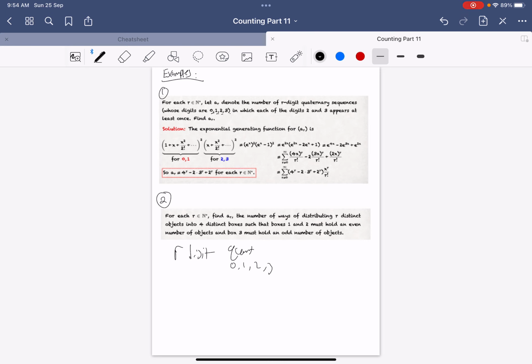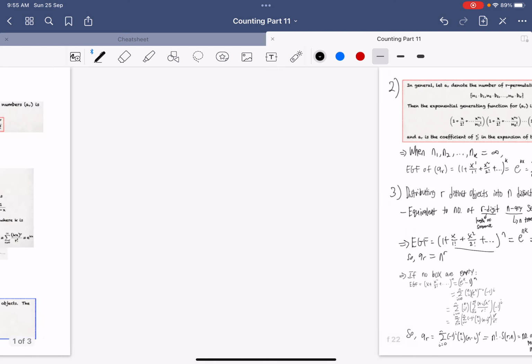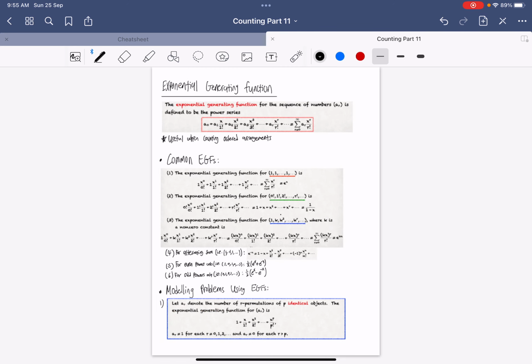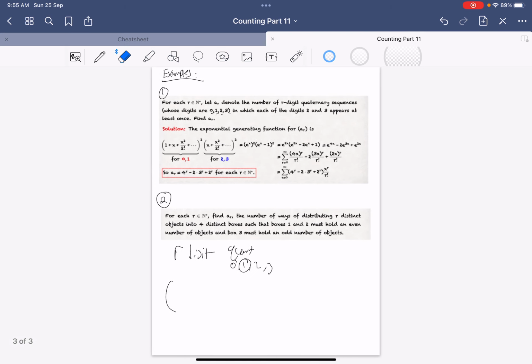So box 1 must hold an even number of objects. Let's just say box 1 is for the first digit, 1. And like I said, the even power exponential generating function is e^x plus e^minus x divided by 2.